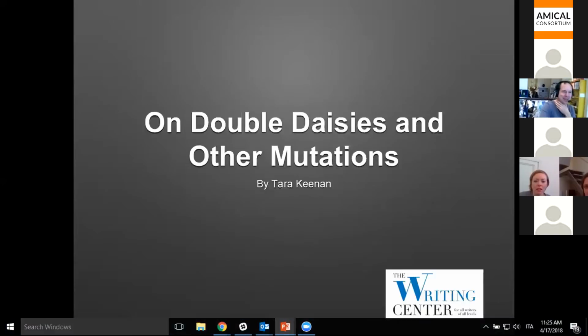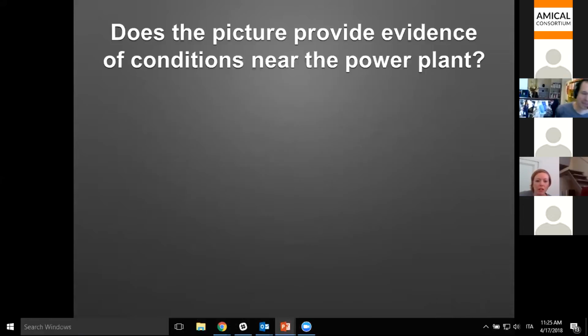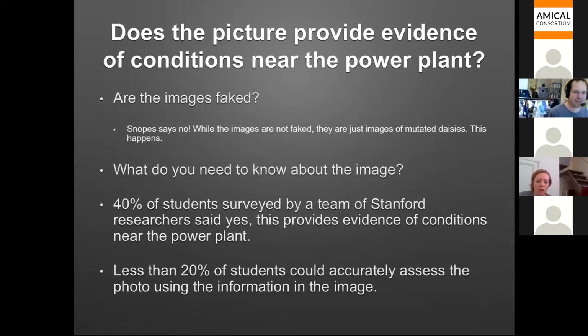So that's what I show them, and they get a look at it, and we talk about it. Then I ask them if it's fake. Then I show them a little bit of the Stanford study. I talk about how Stanford found that less than 20% of students could accurately assess the photo.